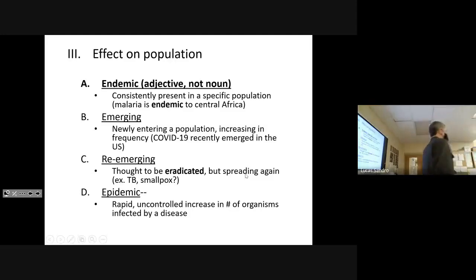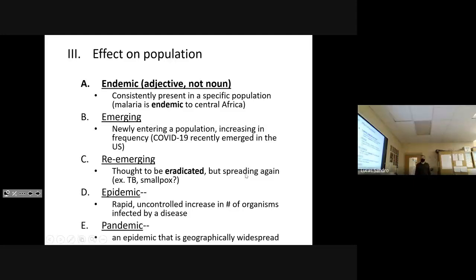And then, of course, the next step up. Nobody used to know the word, now everybody knows the word, which would be pandemic. An epidemic that has basically made its way around the globe. It is geographically widespread.